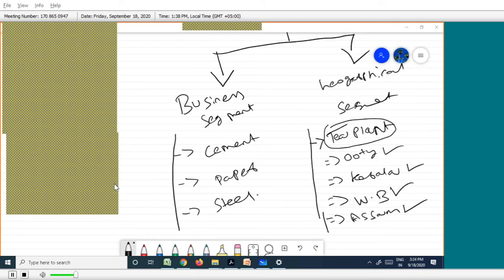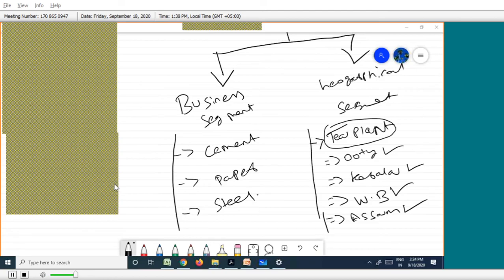Go through this point. Business segment: it is a distinguishable component of an enterprise engaged in providing an individual product or service and related services that are different to other businesses.